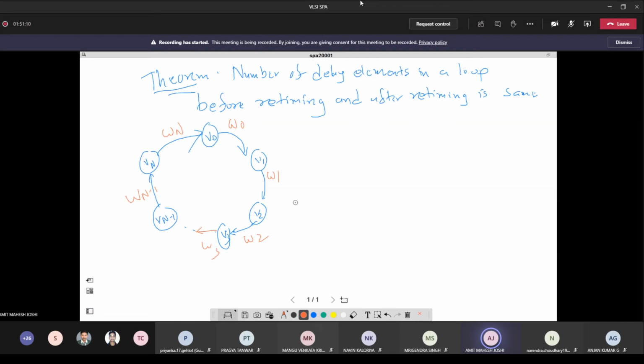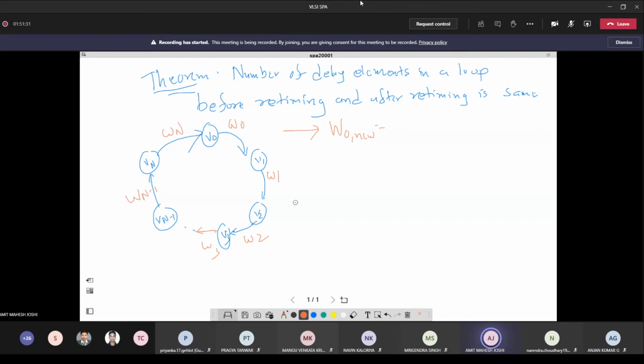So if I consider this particular graph, and for that, if I want to consider a retimed graph, what would be my equation? Let's say W0 new is what I am interested in.